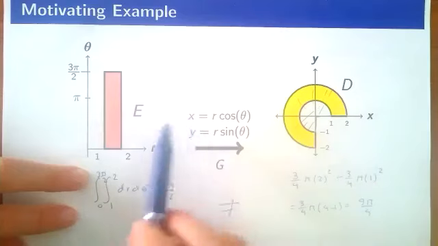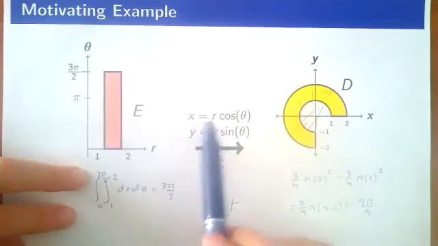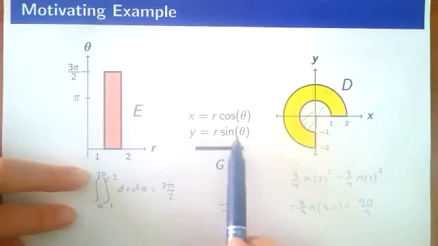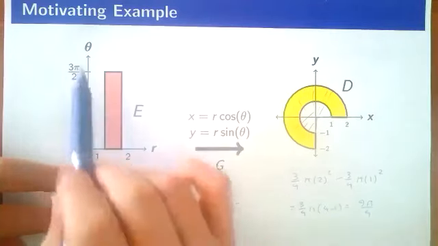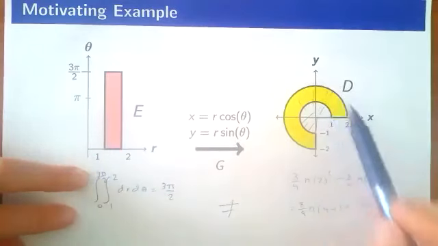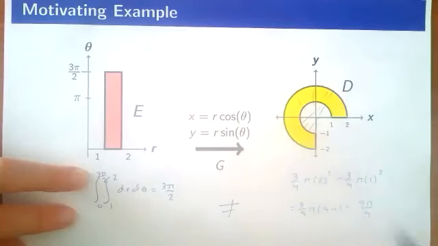But here you can see that r cosine theta and r sine theta for x and y takes every point in r and theta space into x and y space. But the integration over this region didn't give me the area over here.